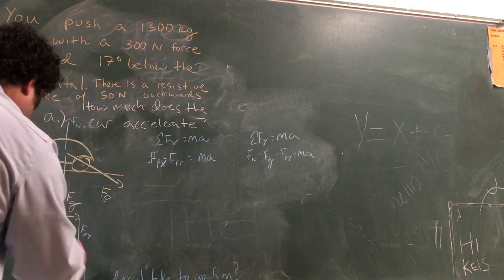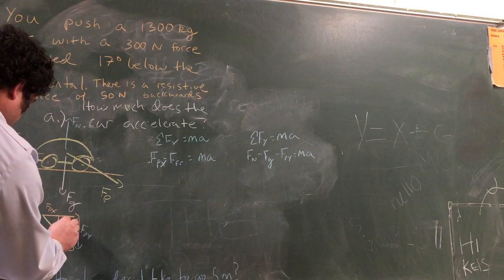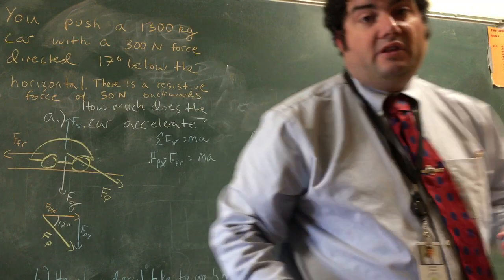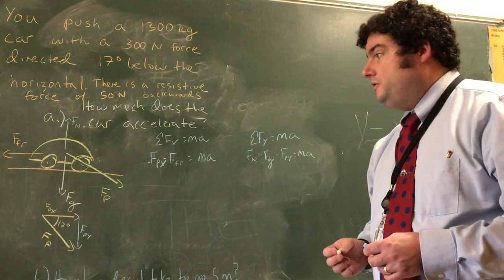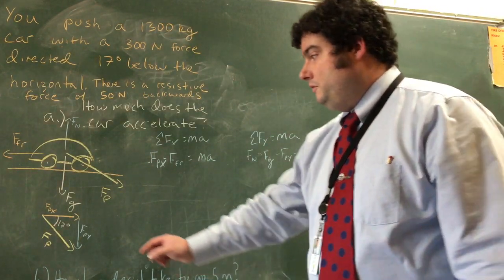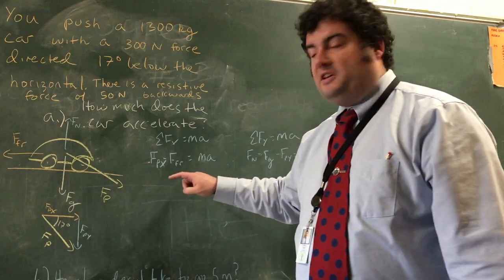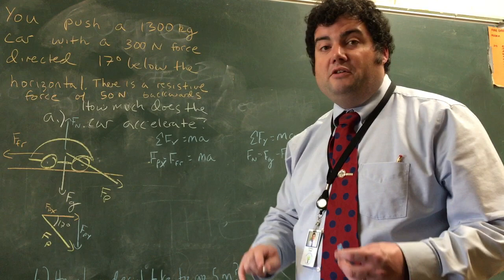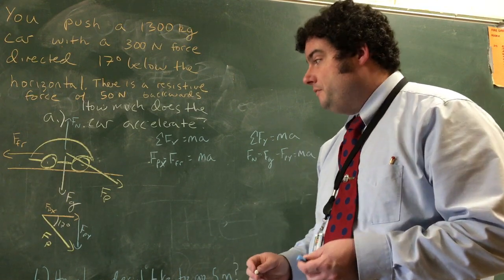And they told us that this angle was 17 degrees. So you can find both of these just using sine and cosine. I'm going to just stick with x for now. I don't think I need y for this problem. But in general, you would do both the sine and the cosine.